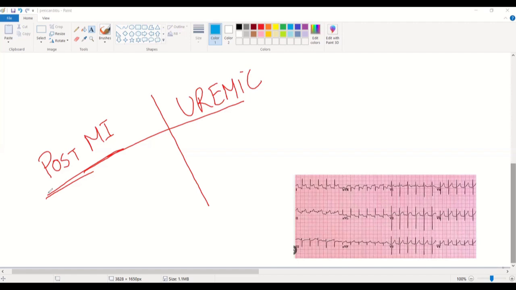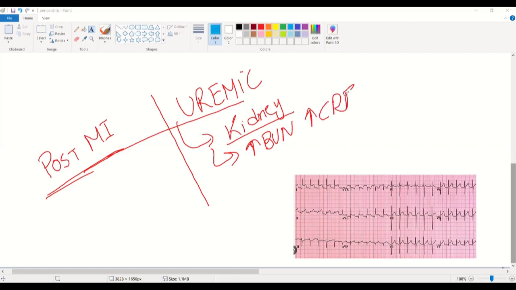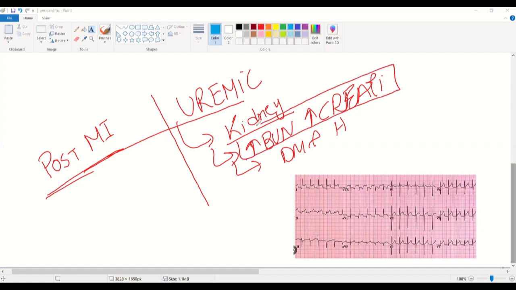Uremic pericarditis. The uremic pericarditis patient has a kidney problem. So the clinical vignette shows increased blood urea nitrogen, increased creatinine, right? They also have a history of long-standing diabetes, hypertension, this kind of stuff. But the key thing is increased creatinine and blood urea nitrogen.